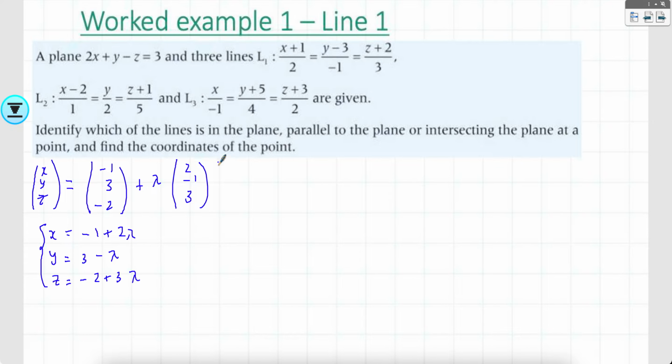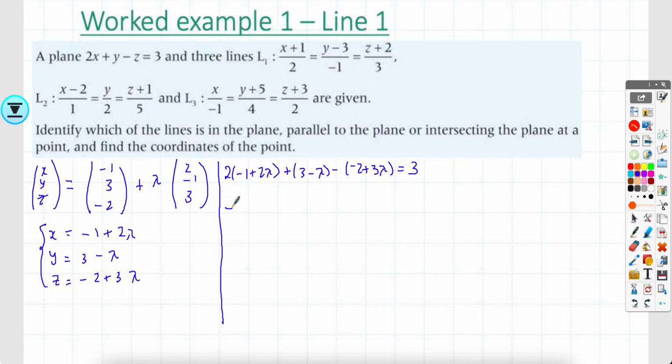So I'm going to take 2, and instead of x, I'm going to substitute -1 plus 2 lambda, then plus y, which is 3 minus lambda, and then minus z, which is -2 plus 3 lambda. Now it should be equal to 3, and this is where we get to the 3 different lambda outcomes you could get. When I expand out, it gives me -2 plus 4 lambda plus 3 minus lambda plus 2 minus 3 lambda equals 3.